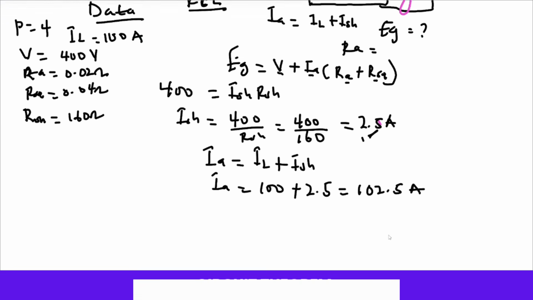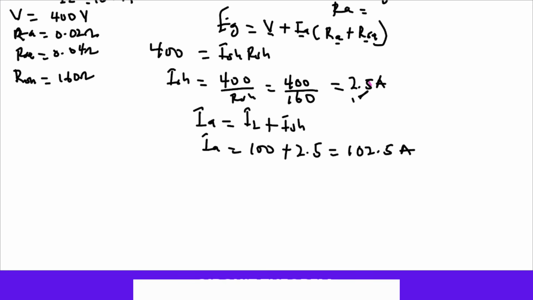Now if we have this, then we can move forward to calculate the generated voltage, which is what the question is asking us to find. So EG is equal to V plus IA times R series plus RA.